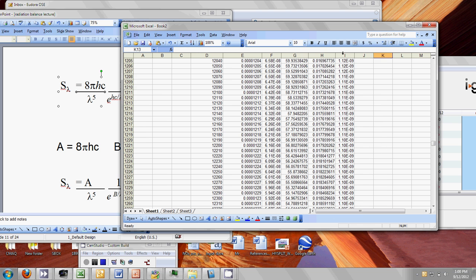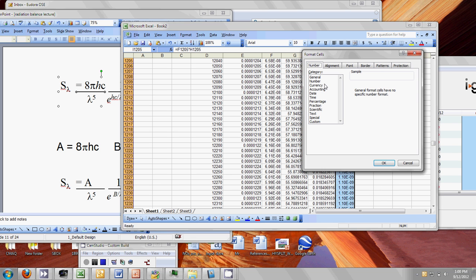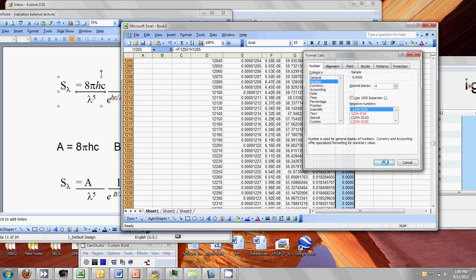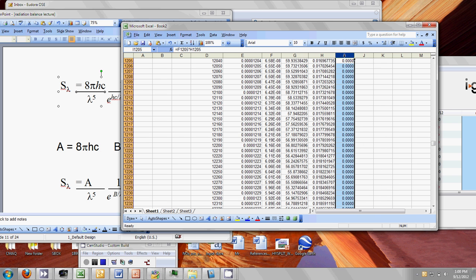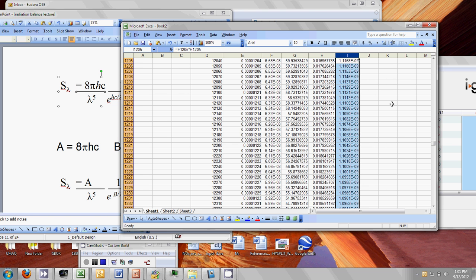We can see that significant digits is giving us a problem, so we can format number, increase the significant figures. Format cells, number, I want scientific with 4 decimal places. Okay, so 10 to the minus 9th, here we see these numbers are bigger than these numbers, so 1.11 versus 1.10, so we will go up.